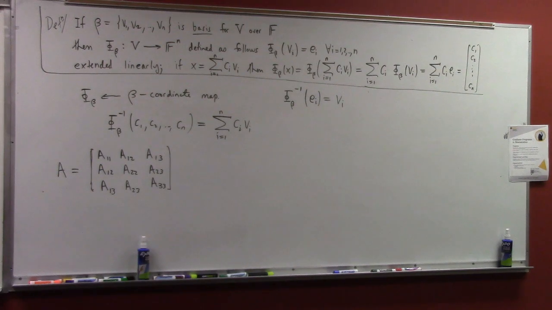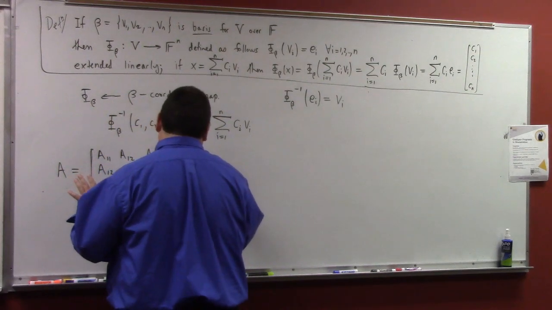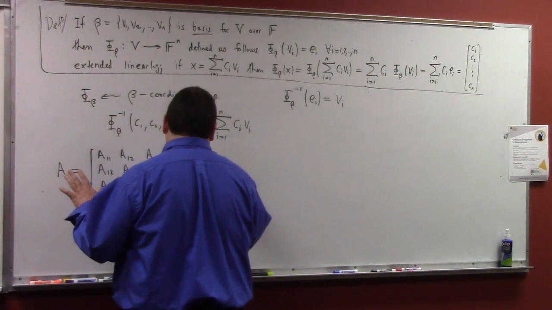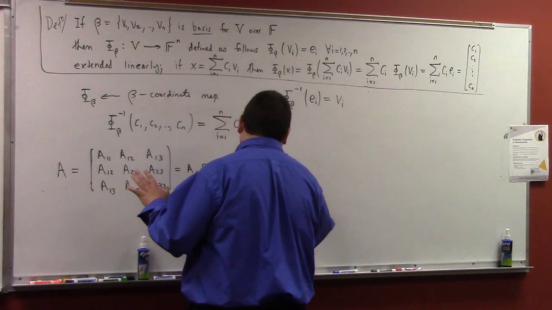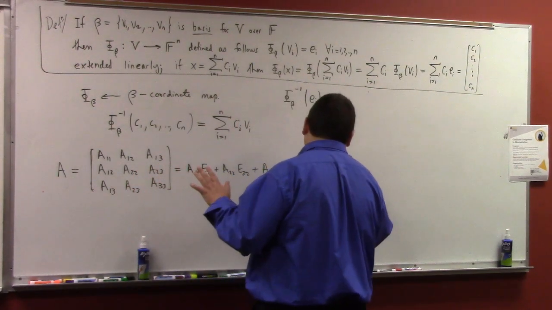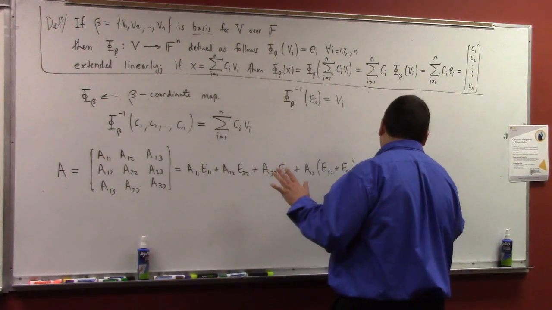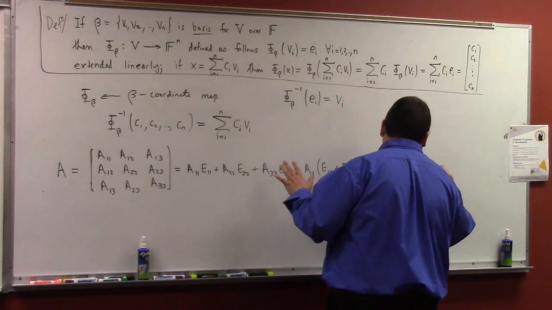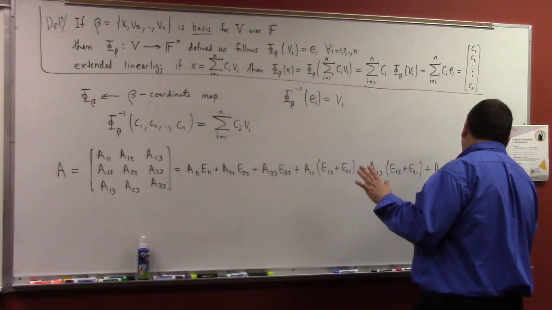Once you have that formula, and you've eliminated any possible linear dependence amongst the parameters defining the object, you can just write out what you're looking at: A11 times E11 plus A22 times E22 plus A33 times E33 plus A12 times (E12 plus E21) plus A13 times (E13 plus E31) plus A23 times (E23 plus E32).